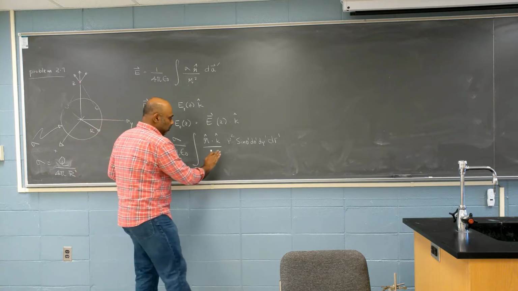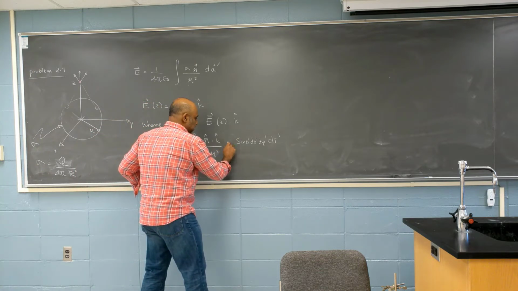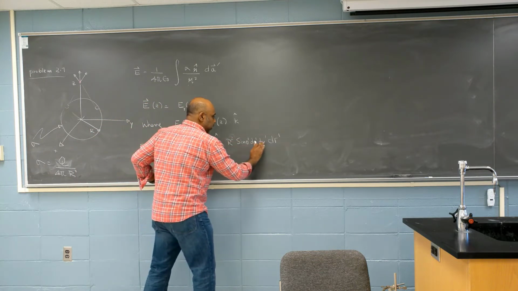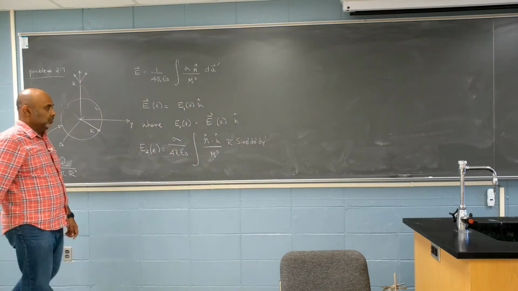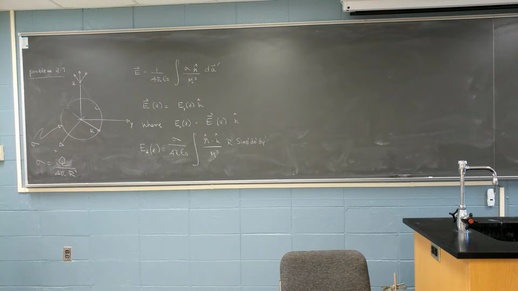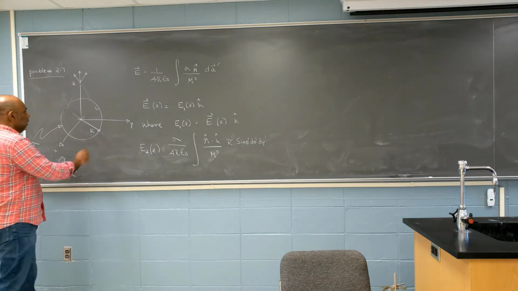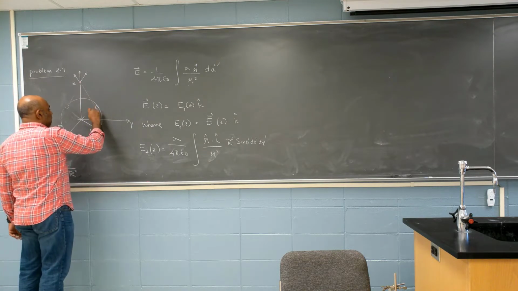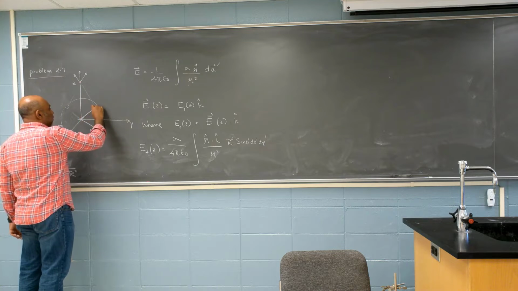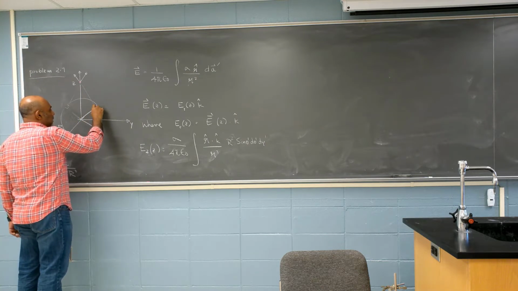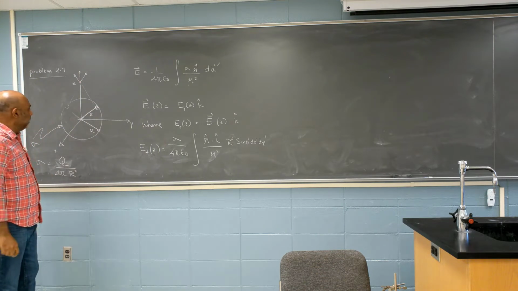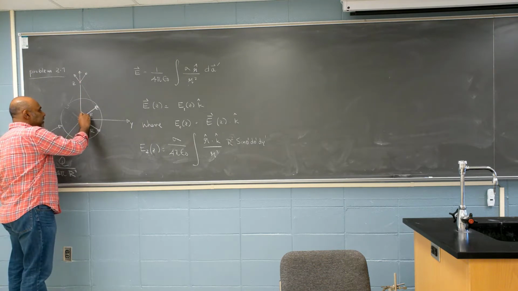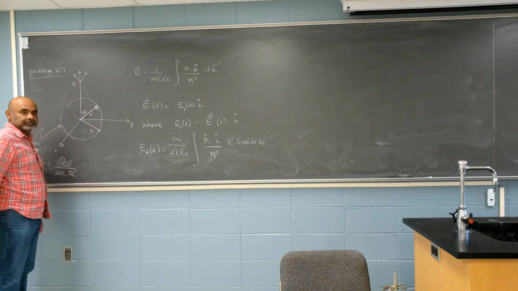But what we have is a shell. It's a ball of radius r. Okay, so let me set up notation. So this patch is of course length r, and this coordinate is theta.